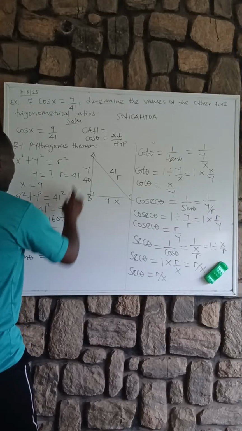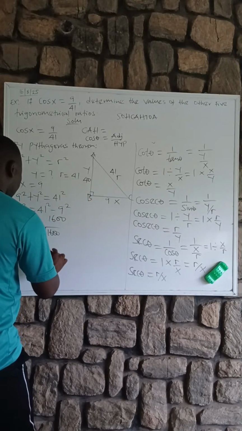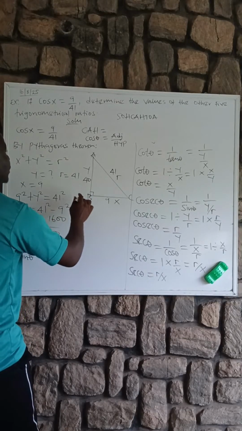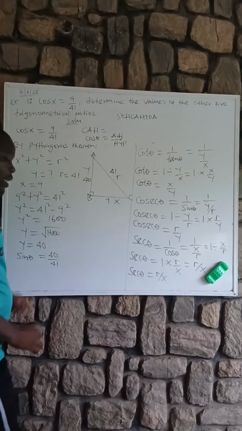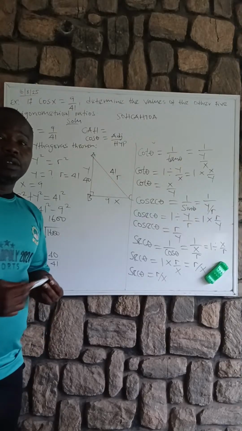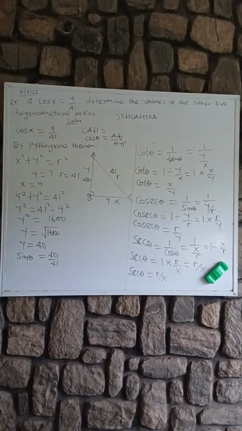True or false? So opposite is 40, all over hypotenuse is 41. Am I right? It's true, right?